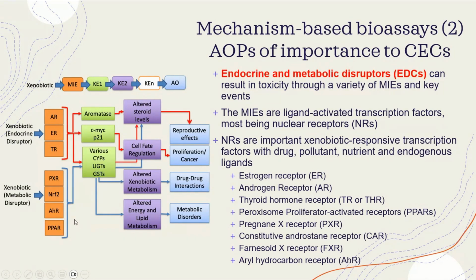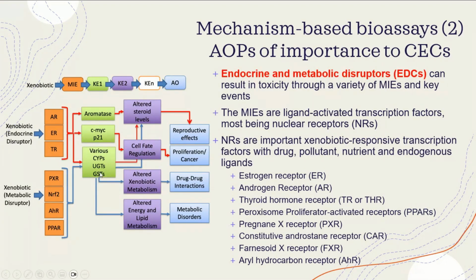Also linked to this are a series of receptors that have really evolved to respond to foreign molecules. And how our body responds to foreign molecules is we recognize a foreign chemical structure, and then we try to induce the enzymes that break down that chemical so that we can excrete it.